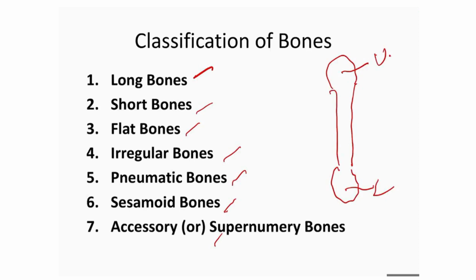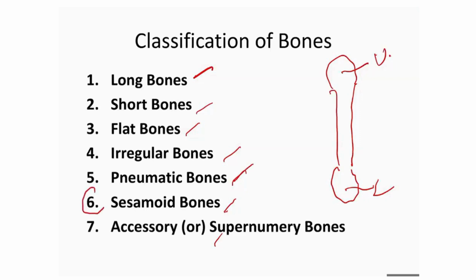The short bone is similar to a long bone, only the size is different. Flat bone, the anteroposterior diameter is flattened. Irregular bone doesn't have any particular shape. Pneumatic bone contains air sinuses. If it is filled with air sinuses, it is called pneumatic bone.